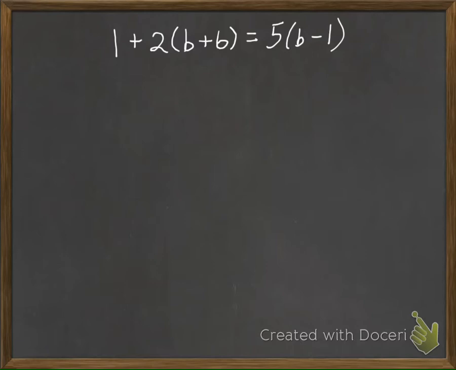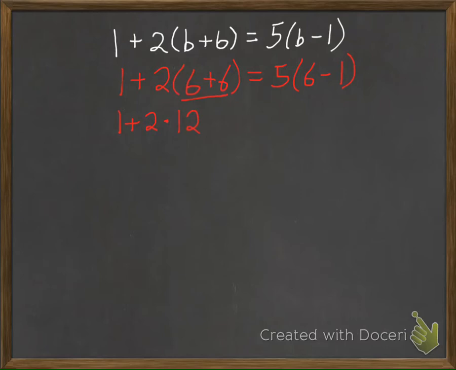So to do my check, I have 1 plus 2 times (6 plus 6) equals 5 times (6 minus 1). Order of operations says I do parentheses first. So on this side I get 1 plus 2 times 12.